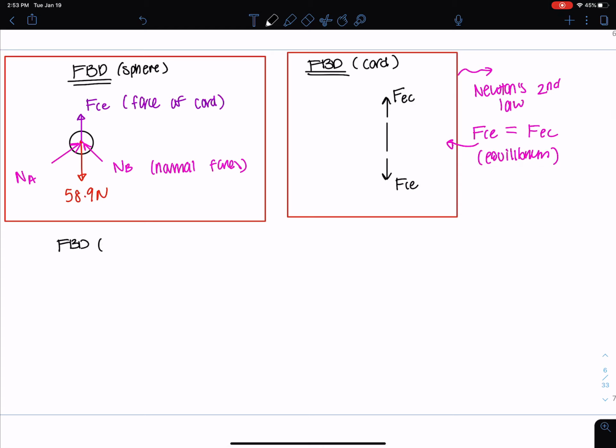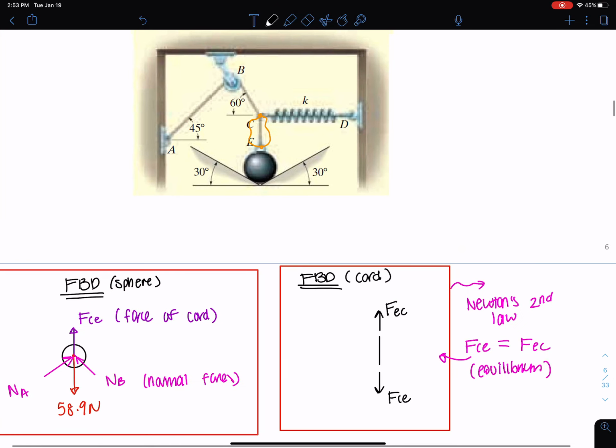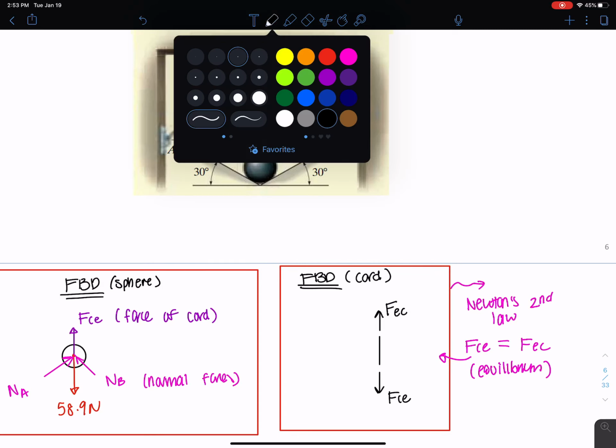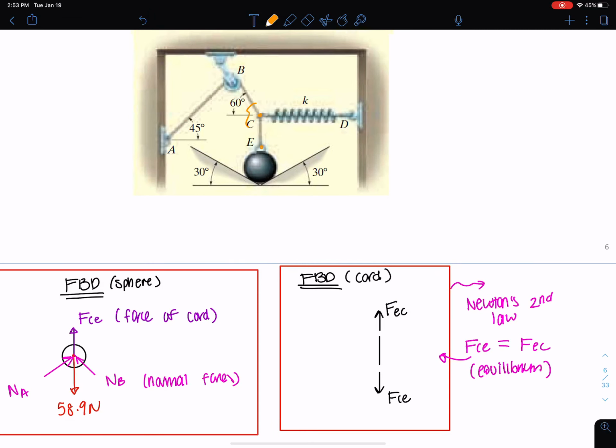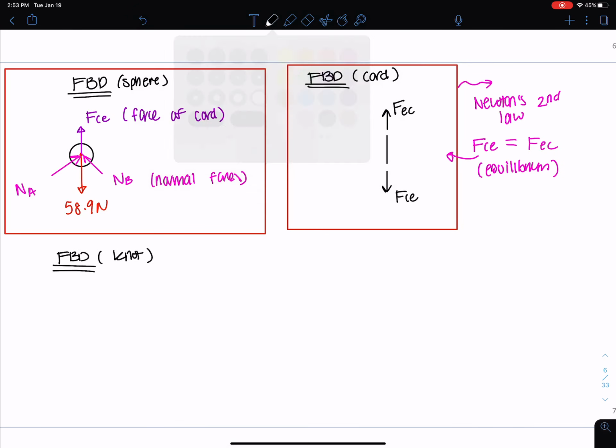Okay, so now let's move on to the knot. I'm sorry, not chord, the knot. We did the chord already. What we have here is this little knot. I'm going to isolate this little knot here, and what I get is, here's my little knot. I have a spring force. I'm going to call this FCD, and FCD is the force of the spring.